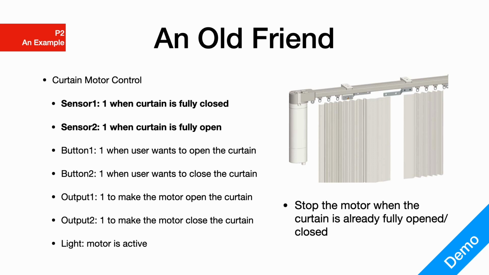And output 2 is going to be positive if you are making the motor rotate to close the curtain. And finally, you have an indicator light, which is on when either output 1 or 2 is active. So as long as the motor is rotating, whichever motor it is, your light should be on.